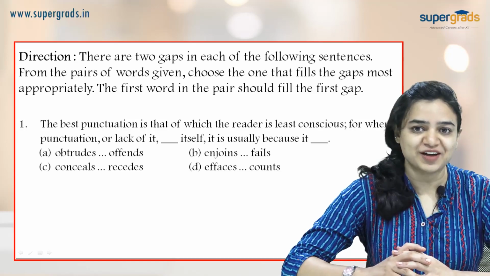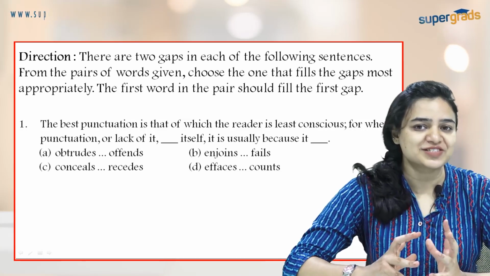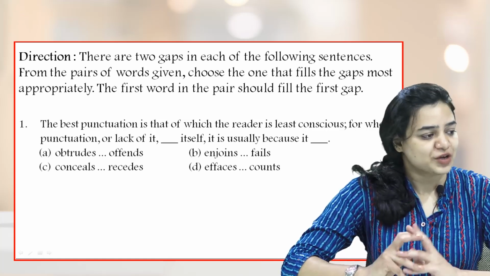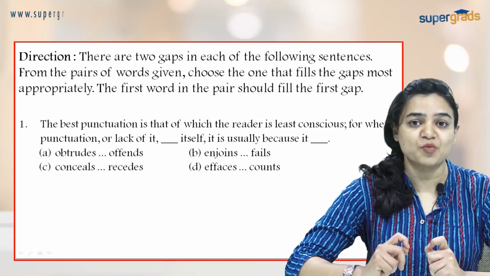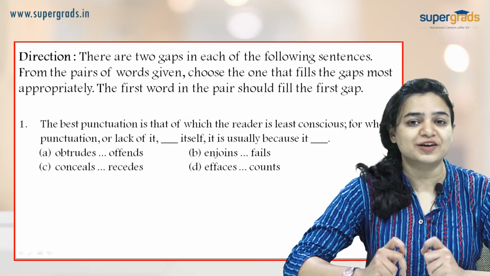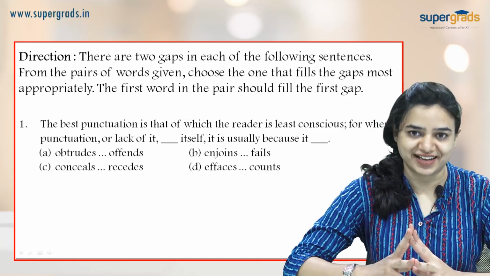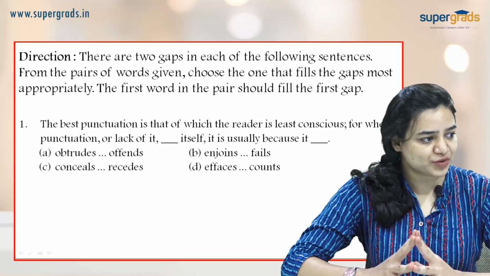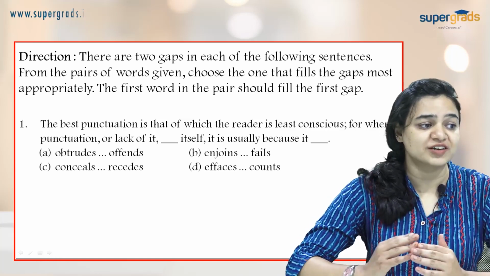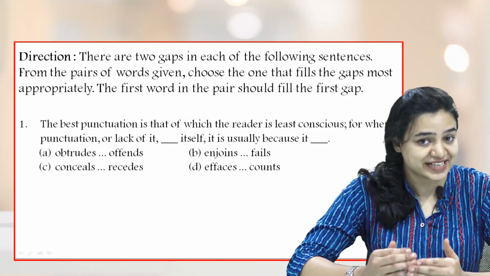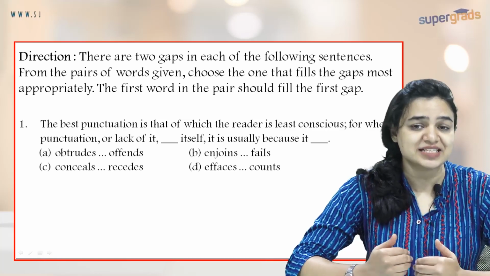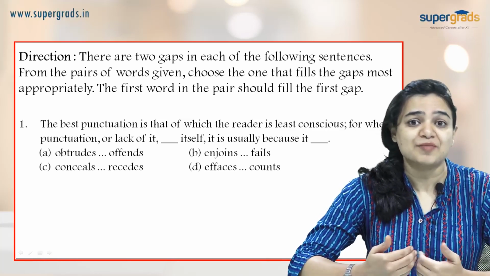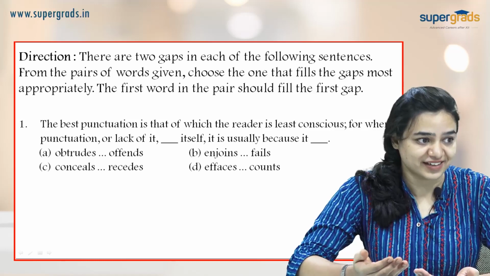Here we are with our first question. Let's read it completely first and look for the keywords, the most important words that are going to direct me towards the correct answer. The sentence says: the best punctuation is that of which the reader is least conscious. Least conscious means I need a punctuation mark about which I don't feel anything.